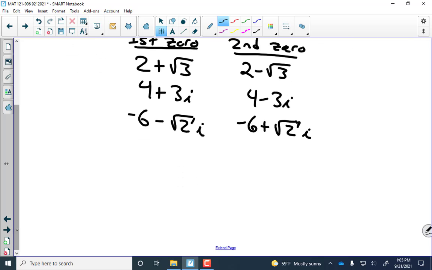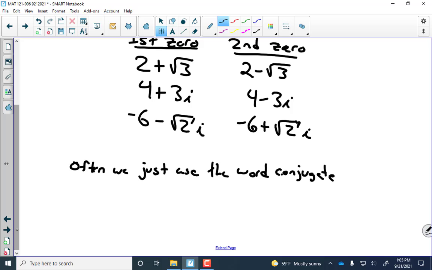So the vocab for this, just so we're all clear, because I know the vocab can get kind of dicey, often we just use the word conjugate for real numbers.